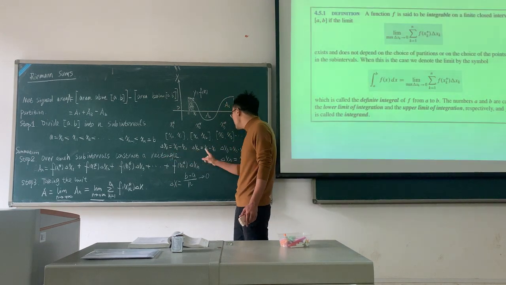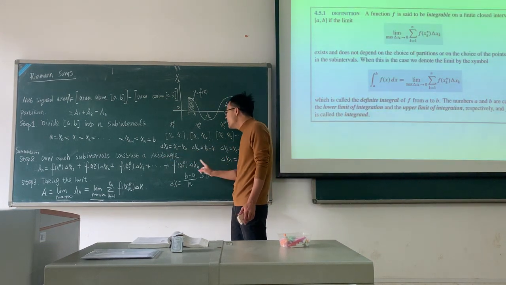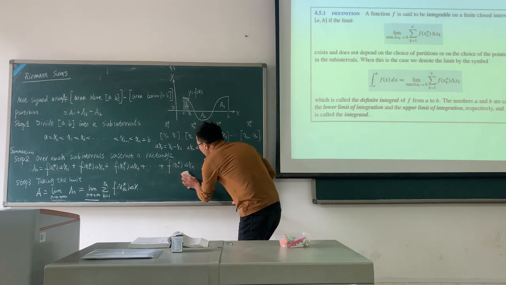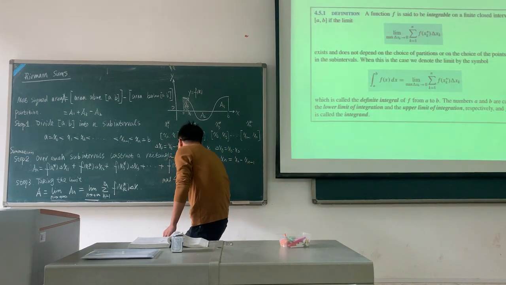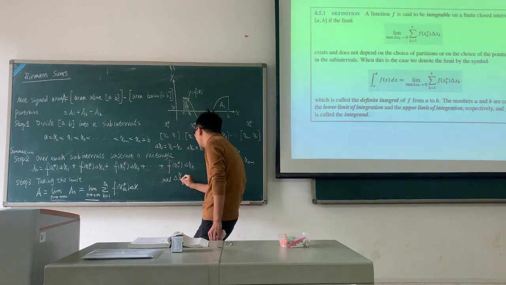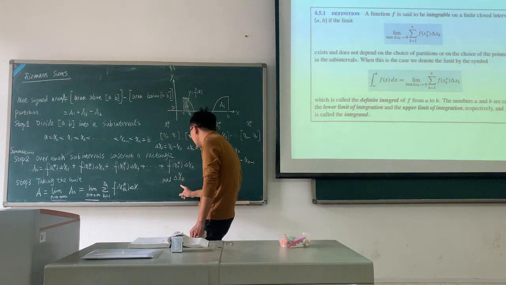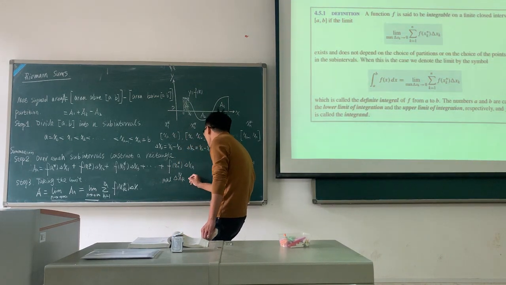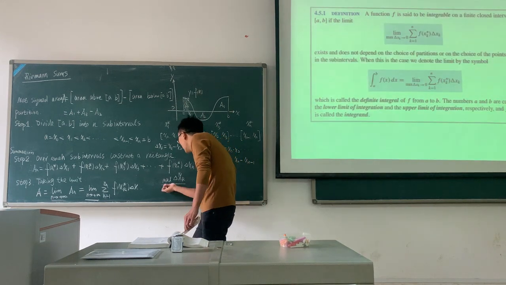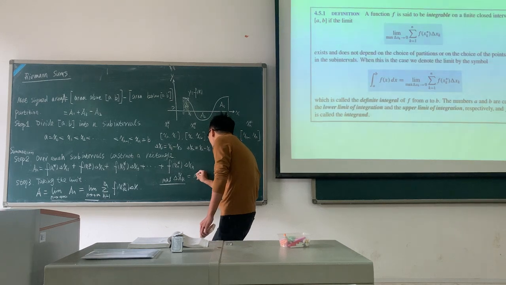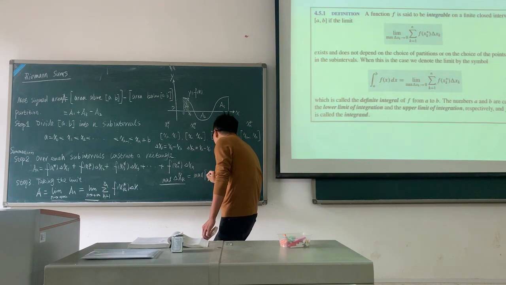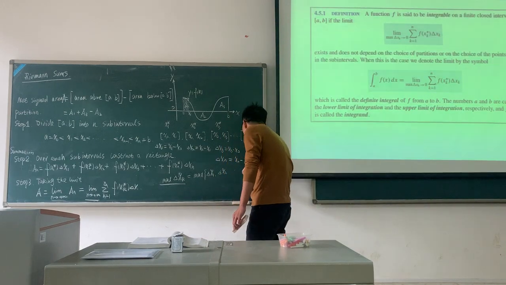We denote the maximum as max delta xk. It is the maximum of delta x1, delta x2, up to delta xn.